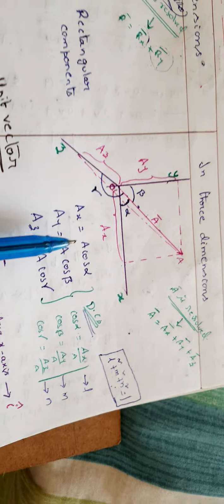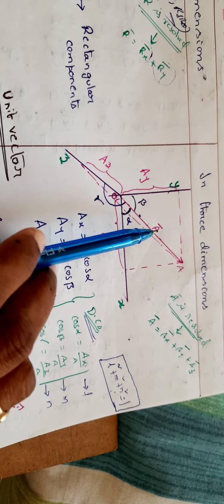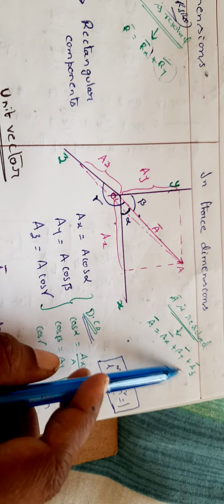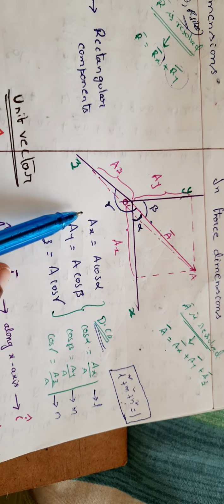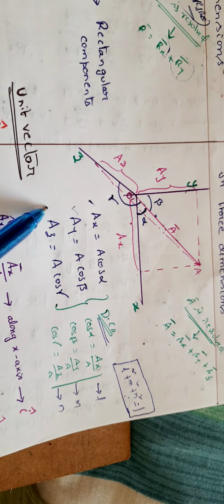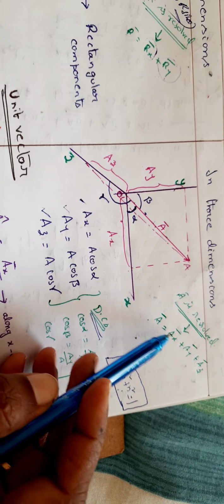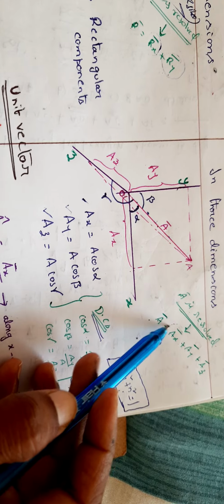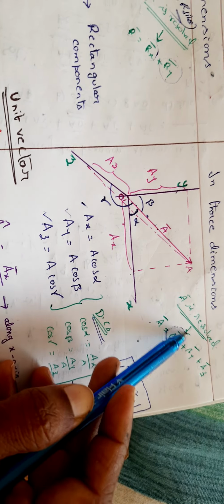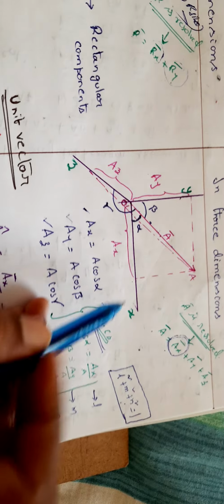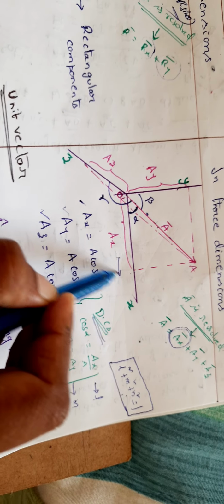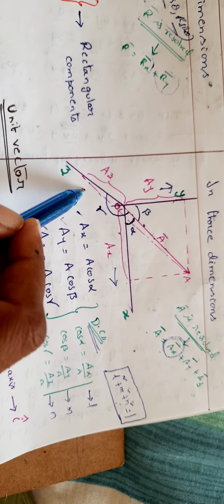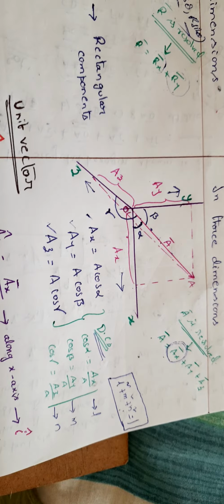So now here you have Ax, Ay, Az. So now how do we write A bar? A bar is resolved into Ax bar plus Ay bar plus Az bar. Now here these are all scalars, only magnitudes. But I am writing it as Ax bar plus Ay bar plus Az bar. That means definitely this should have a direction. So guess in which direction? Ax in x direction, Ay in y direction, Az in z direction.